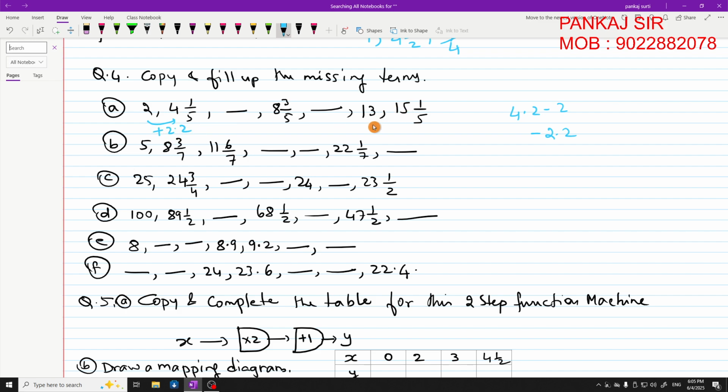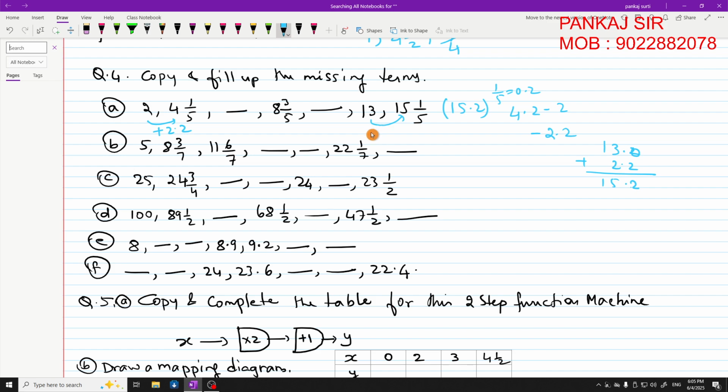Now let us check here. 13, if you add 2.2, you should get 13 plus 2.2. Okay, so 13 plus 2.2 will be 15.2, and you are getting 15 1 by 5, which is nothing but 15.2, right? Because 1 by 5 is nothing but 0.2.